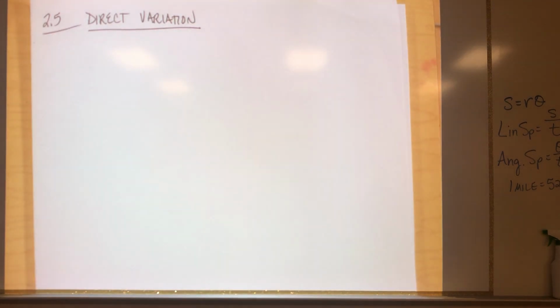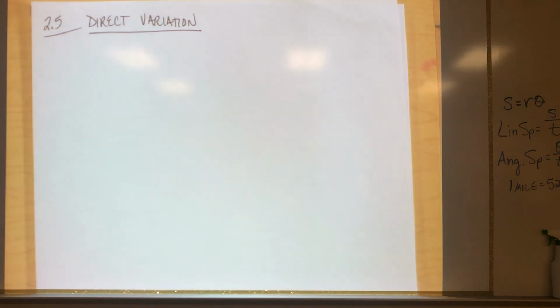Now, we have kind of been talking about direct variation, we've kind of been talking about all this stuff, but direct variation is a very specialized equation, okay? It's like how we talked about functions, and then we said a specialized function was a one-to-one function. It was a function, but it had something special about it, okay? So we've been talking about linear equations, so this is going to be a linear equation, but it has something special about it.